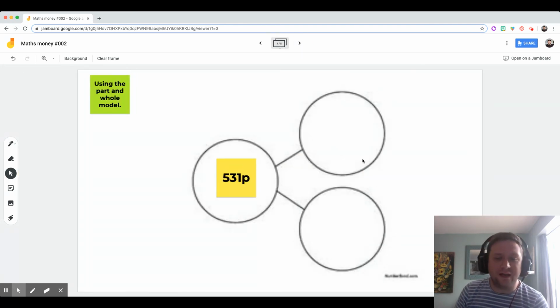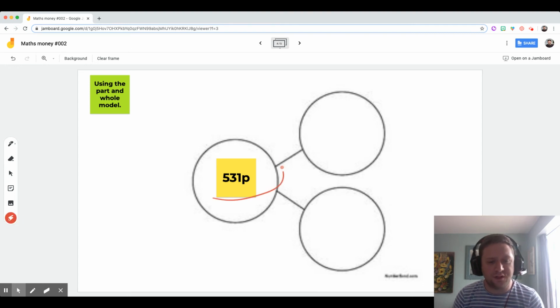Right, so here I'm doing exactly the same thing. I'm going to partition this number into pounds and pence, but I'm going to use a part and whole model here, or some of you might know it as the Cherry method. So I've got 531 pence here. I'm going to take the pounds out of it first.